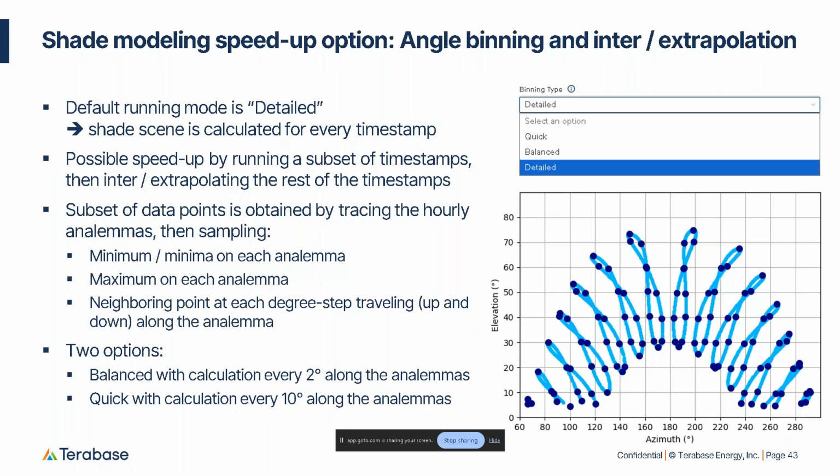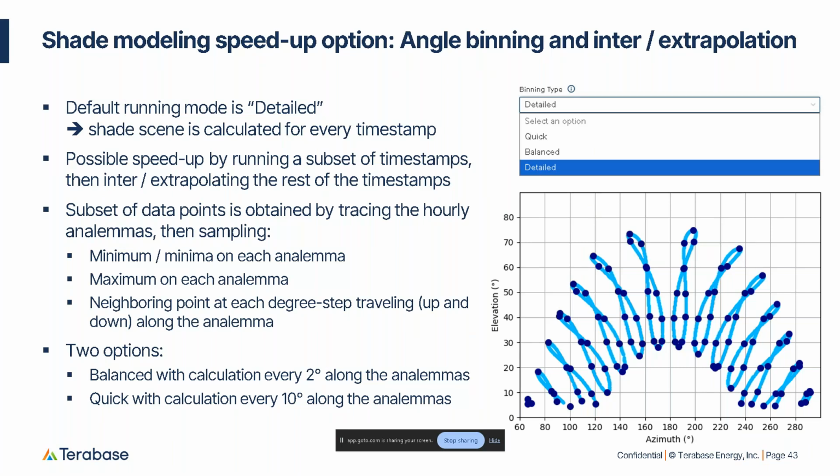But if you have a lot of scenes to run or really massive scenes that you want to run in a couple of minutes, you have a possible speed up by running a subset of timestamps and then interpolating and extrapolating for the rest of the timestamps. The way we decide which timestamps to model and which ones to interpolate is that we take the hourly analemmas, and for each of the analemmas, we take the minimum, we take the maximum, and we take the point where it intersects the grid.